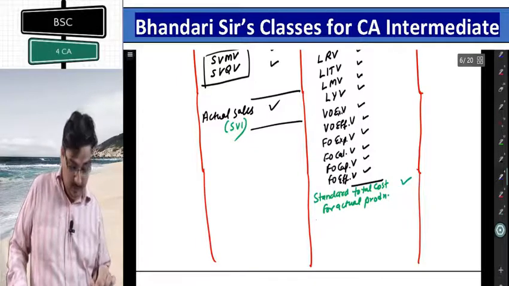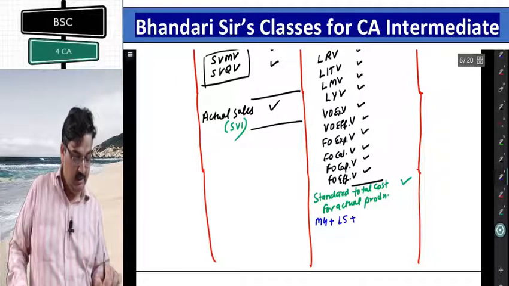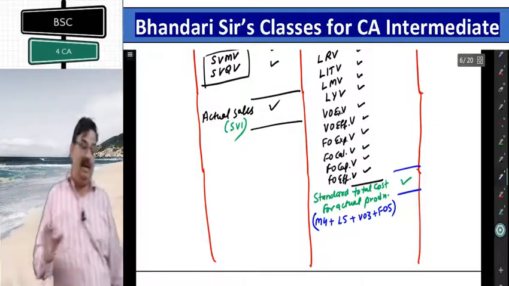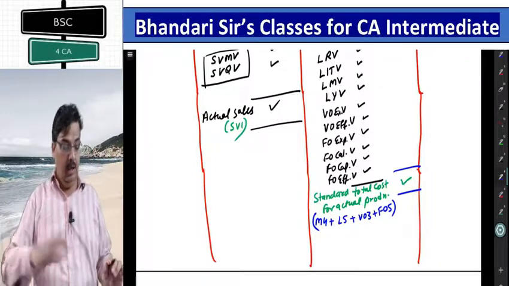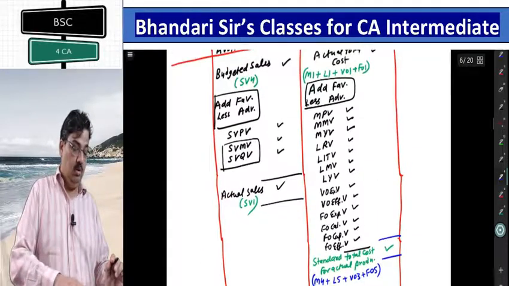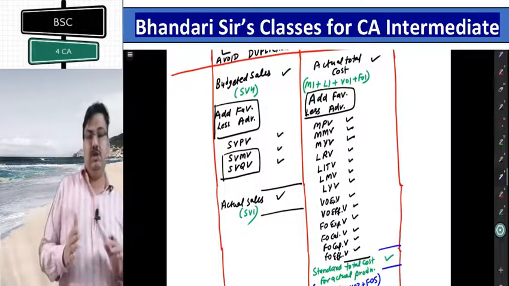How do you compute it? M4 plus L5 plus VO3 plus FO5. From the first step you start, and the last step is what you get. You can verify from your computed steps. This is called cost variance, cost reconciliation.